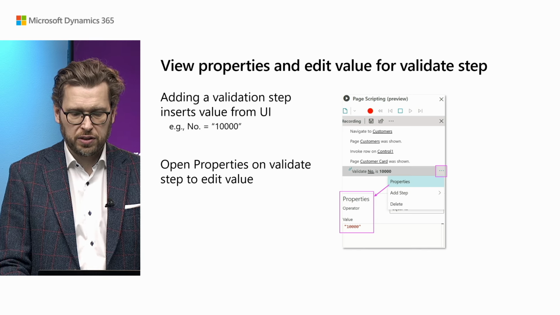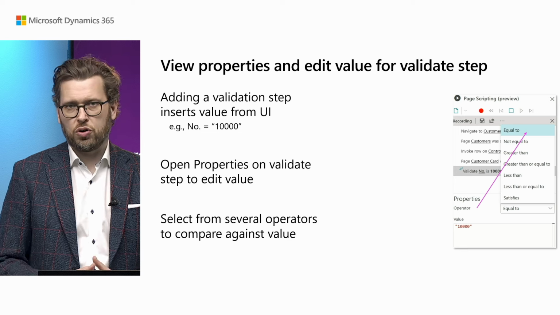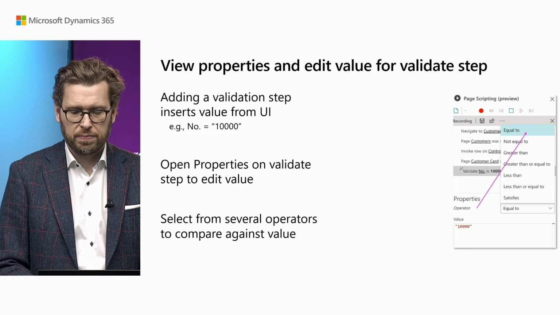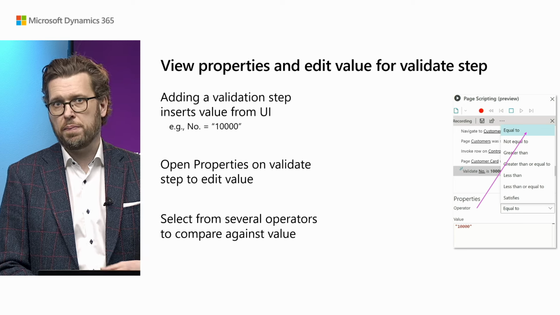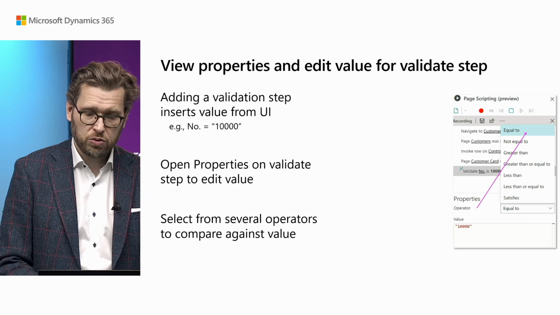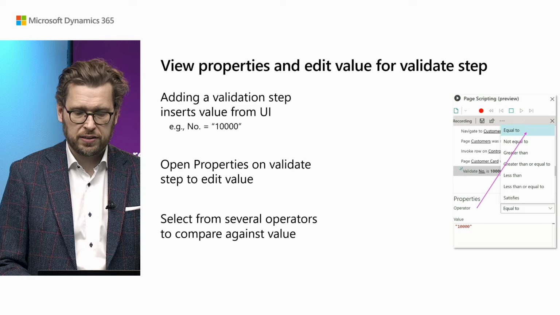Again, you can see 10,000 here. You even have the choice between several operators. So you can, for instance, compare so that the value is equal to, or greater than, or less than, etc.